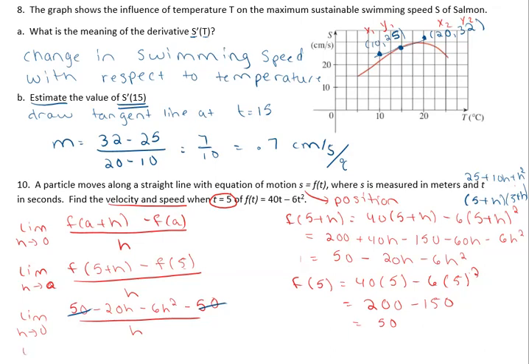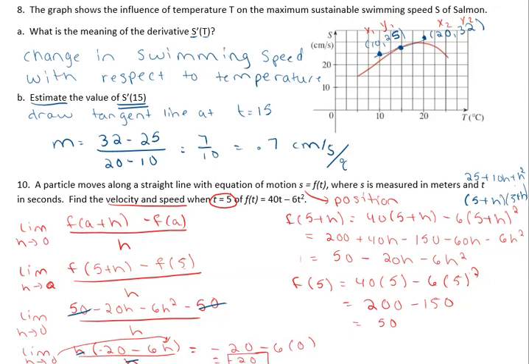So then we can say the limit as h approaches 0, we can pull out an h, and we're left with negative 20 minus 6h all over h. The h's will cancel. We've now eliminated our division by 0. So since we've eliminated our division by 0, we can put in the 0 from right here for our remaining h. So we'll have negative 20 minus 6 times 0, which will leave us with just negative 20.